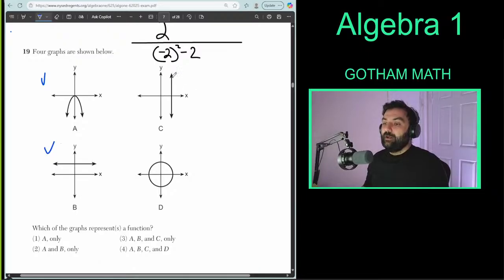What about a vertical line? No, the vertical line unfortunately is not a function. I mean, why unfortunately, it's just not a function. And a circle is also not a function. It doesn't pass the vertical line test. So a vertical line will hit your circle more than once. So the answer is just A and B. The answer is 2.